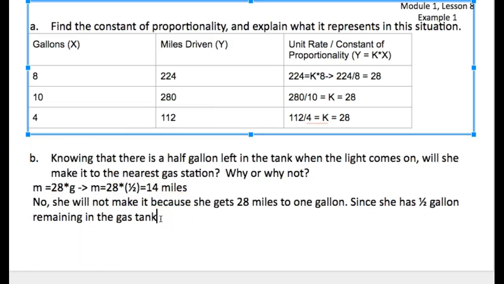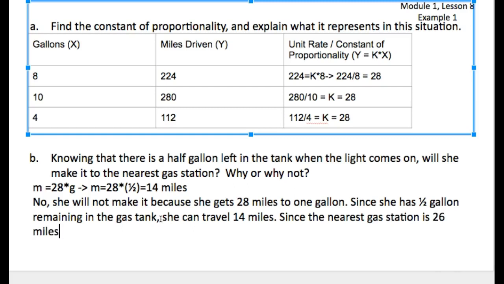Since she has 1/2 gallon remaining in the gas tank, she can travel 14 miles. Since the nearest gas station is 26 miles away, she will not have enough gas.